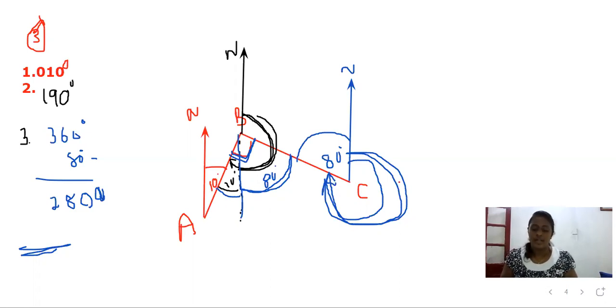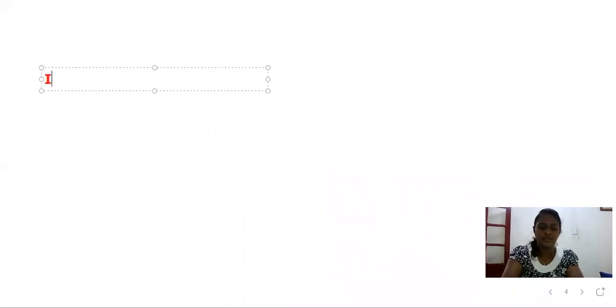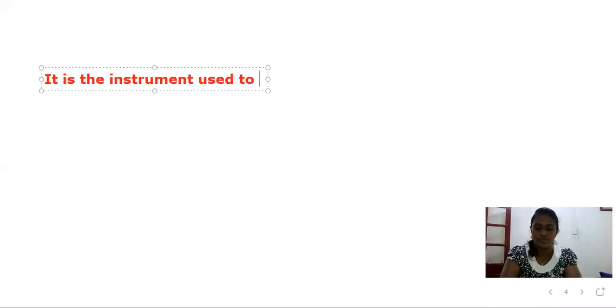Now have the heading clinometer. Under that, it is the instrument used to find or determine bearings.